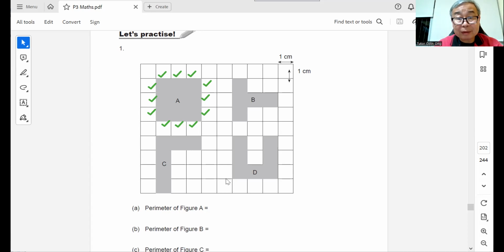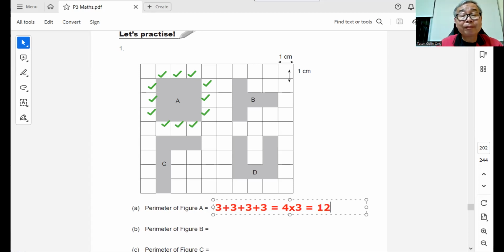There are a few ways of writing it. It can be written as 3 plus 3 plus 3 plus 3, or you can write it as 4 of 3s, which equals 12.